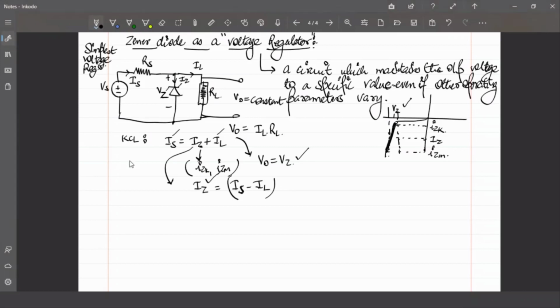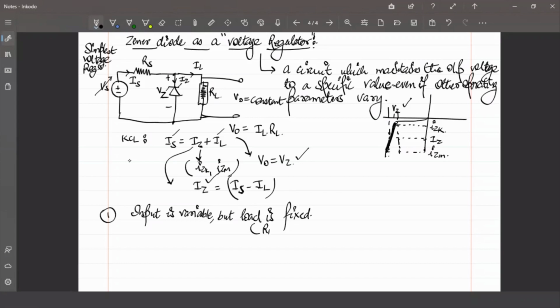One of the possibilities is that the source itself is actually changing. So I can say that the input is variable and the load is fixed. This load is fixed here. So I'll say here that the input is variable but load is fixed.